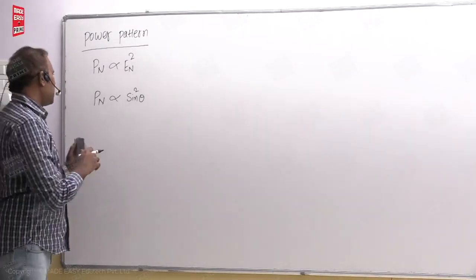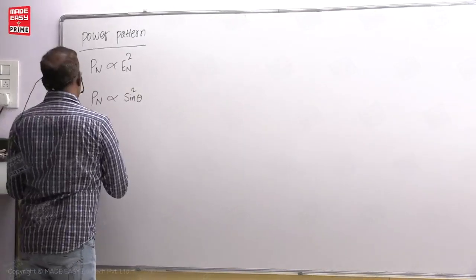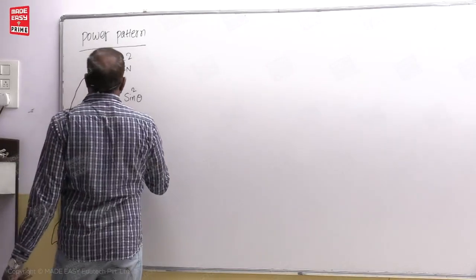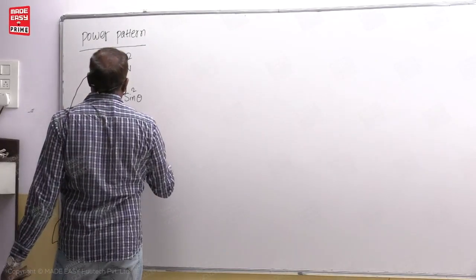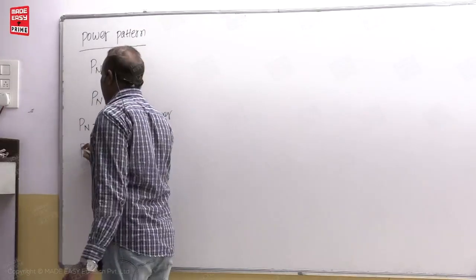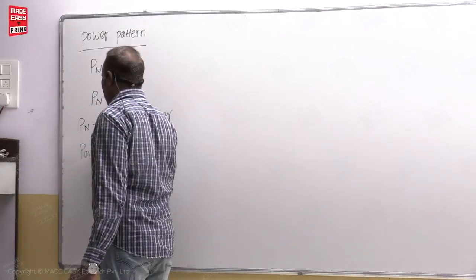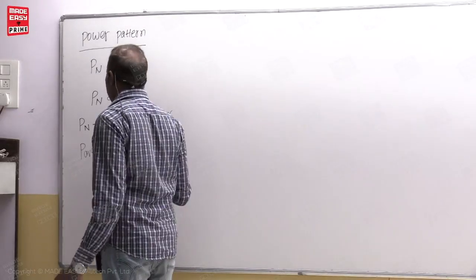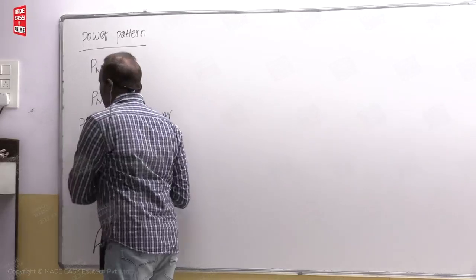So sine square theta. So Pn is normalized power. Actually, average Poynting vector. Anyway, let us not waste our time.